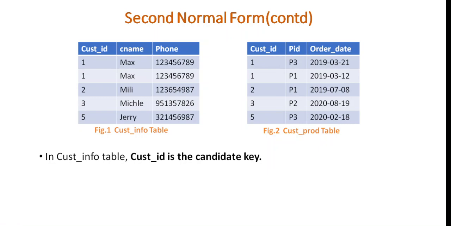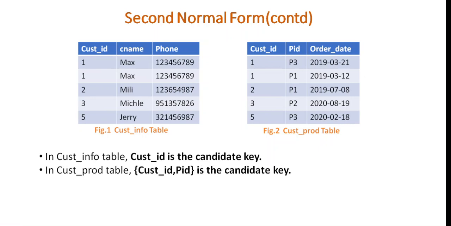So customer ID is a prime attribute, and customer name and phone are non-prime attributes. They are dependent on customer ID only, and not on part of a candidate key, because here the candidate key consists of a single attribute. So this relation, figure number 1, is in second normal form.